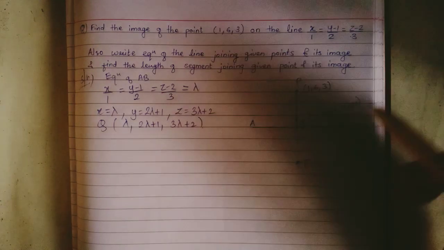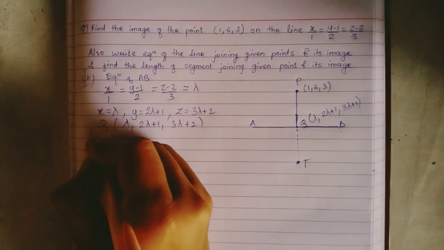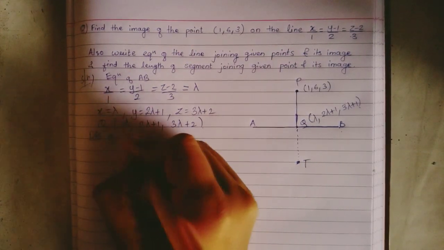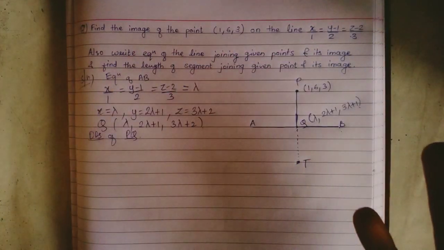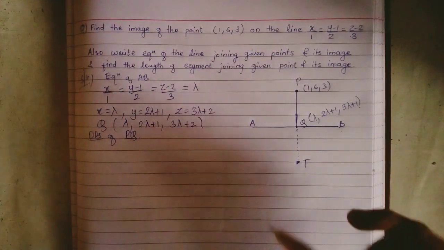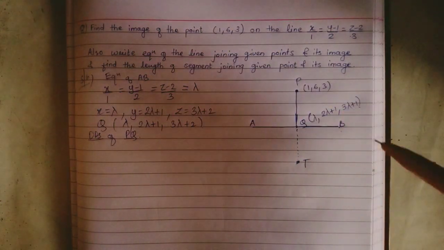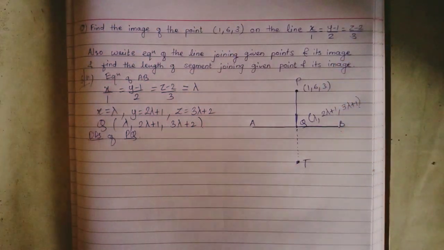Now the direction ratios of the line PQ will be what? How do we write direction ratios if 2 points are given? Direction ratios are given by x2 minus x1, y2 minus y1 and z2 minus z1, right?